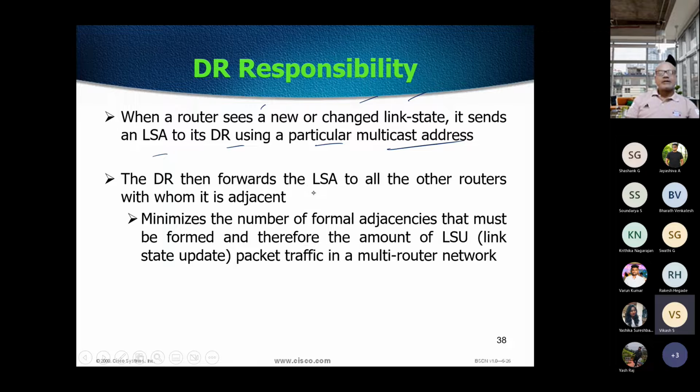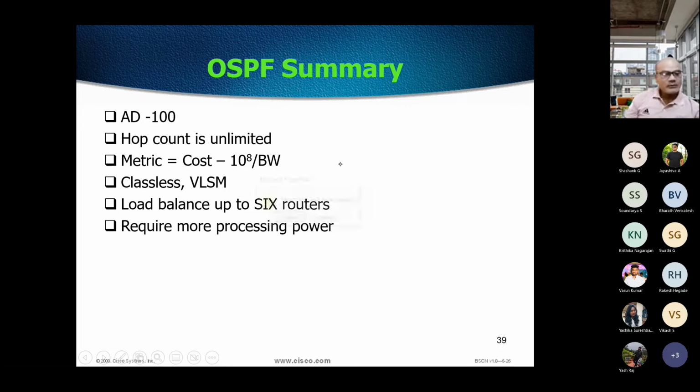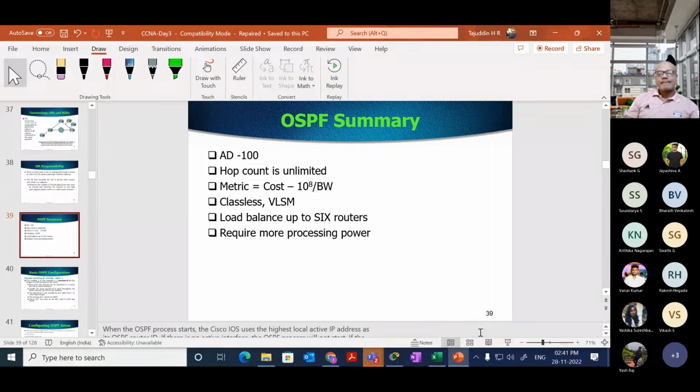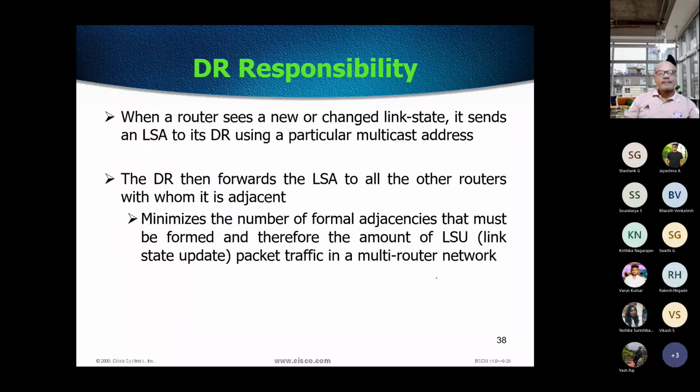The DR then forwards the LSA to all other routers with which it has formed adjacency. The LSU will be sent when a new network has been attached.